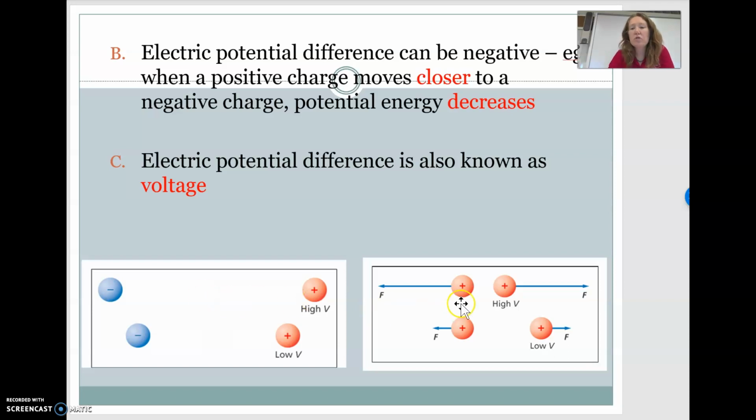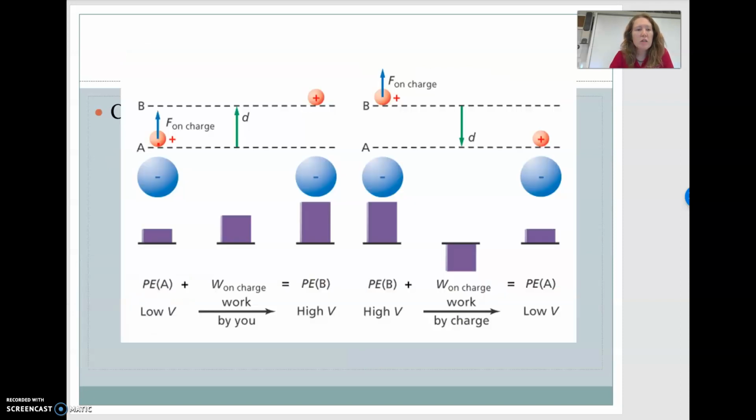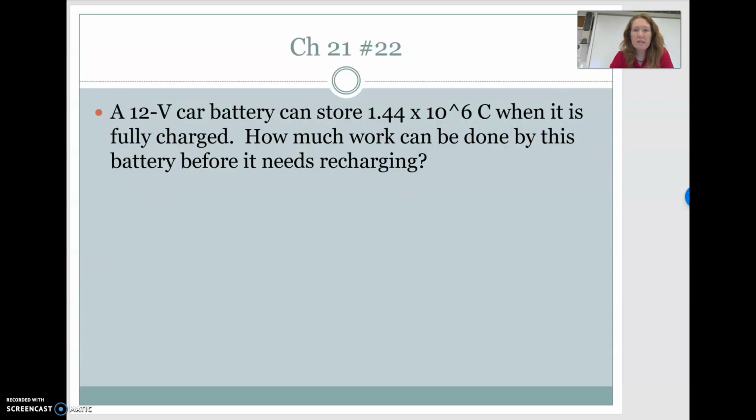The opposite is true when you have like charges, because they don't want to be close together. They want to be as far apart as possible. And so you have very high voltage, high potential energy when they're closer together, which is interesting to think about. Okay, so we're going to do a really quick example problem.